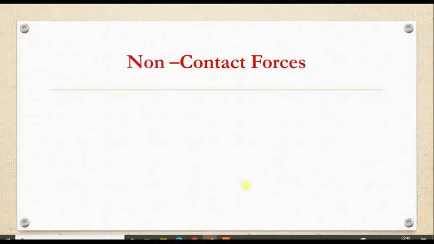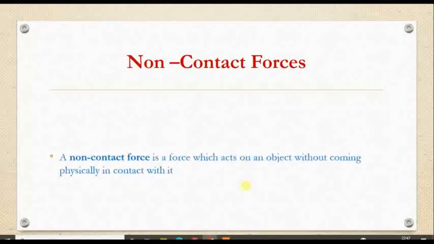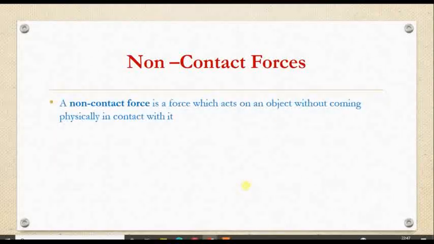And today, we will mainly focus on non-contact forces. First we need to understand what this non-contact force is. We already understood contact force: the force which comes into existence when two or more objects are in contact. Similarly, non-contact force is a force which acts on an object without coming physically in contact with it.